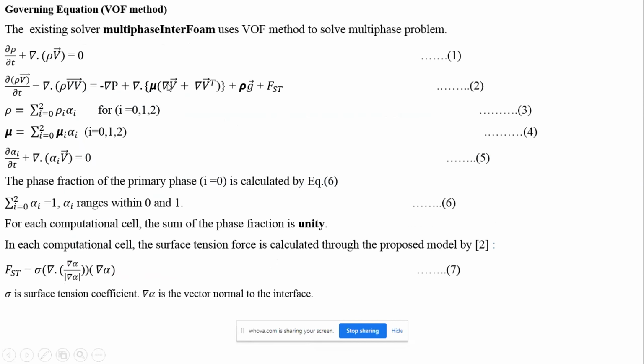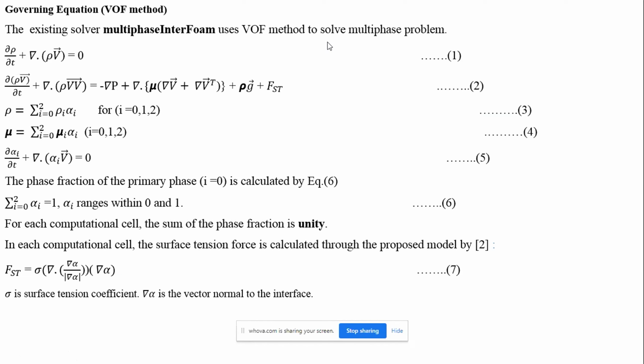The multiphaseInterFoam solver is based on the VOF technique, and these are the governing equations used for this solver. First is the continuity equation, second is the momentum equation including the surface tension force, because when the bubble is near the interface, all the surface tension effects come into the picture.